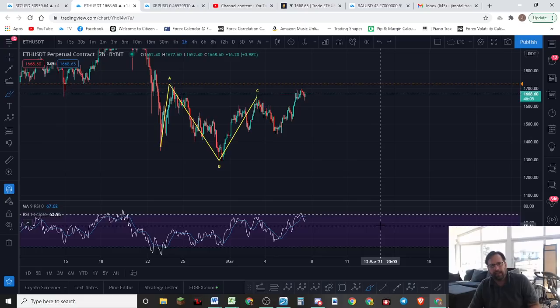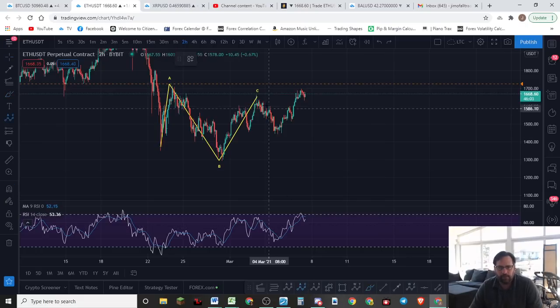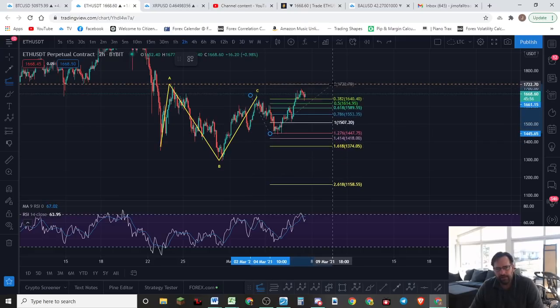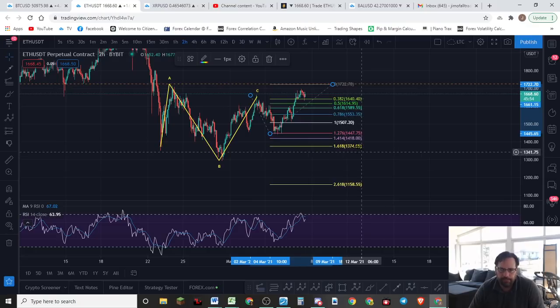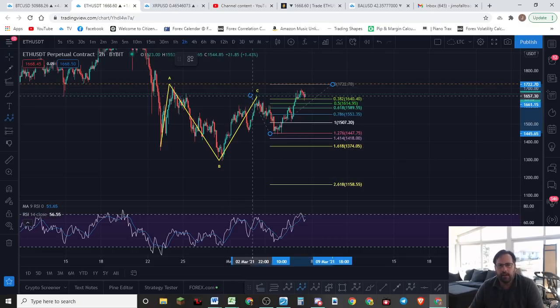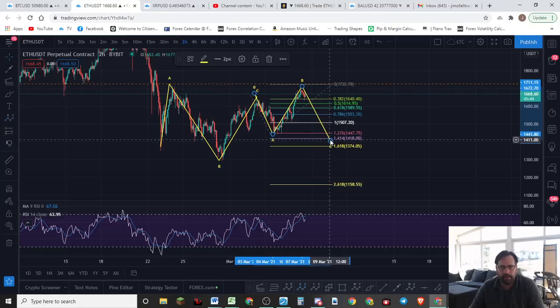Okay, so that's the next wave. We're looking for a flat to finish. If we can get a target for that somewhere, I would say somewhere between 1418 and 1374 would be a decent target for a flat correction. Somewhere in there, just like that.